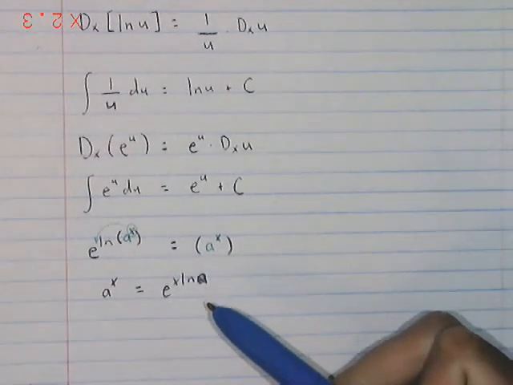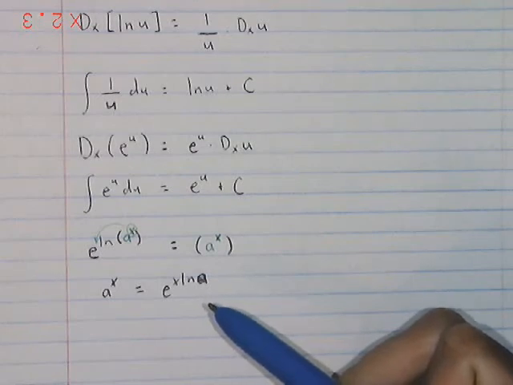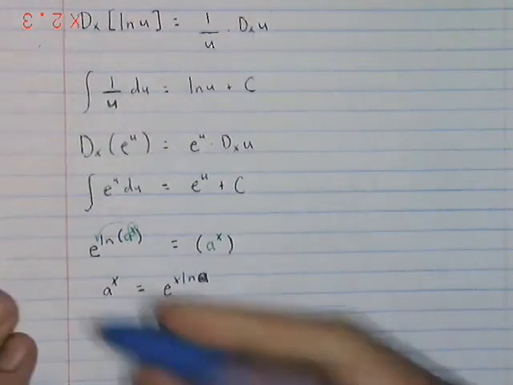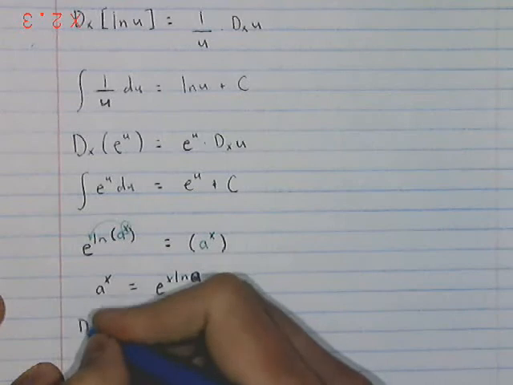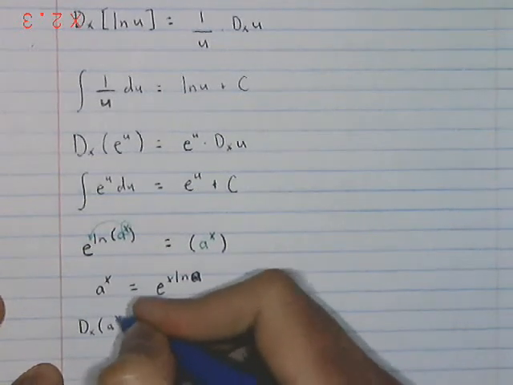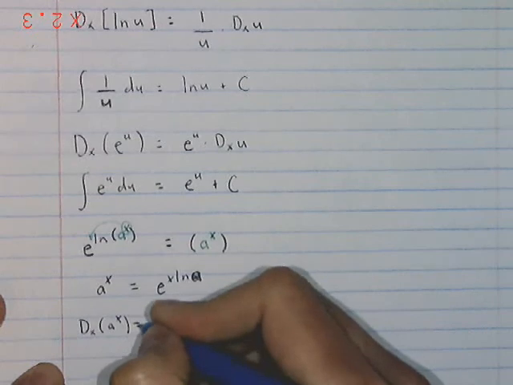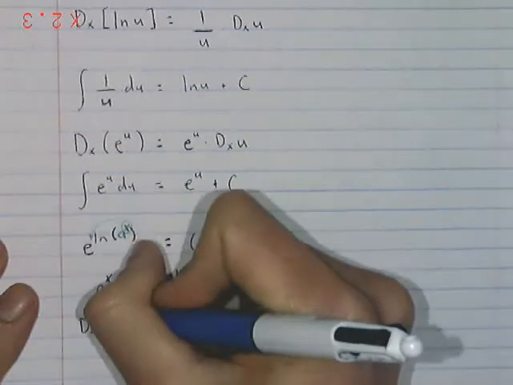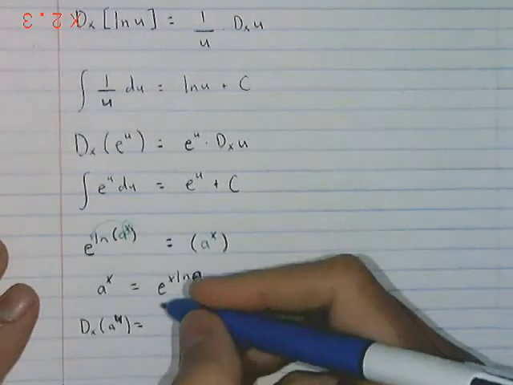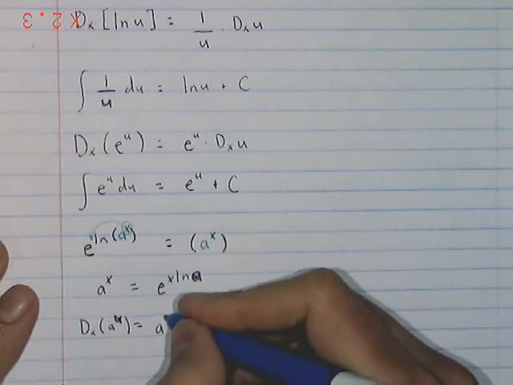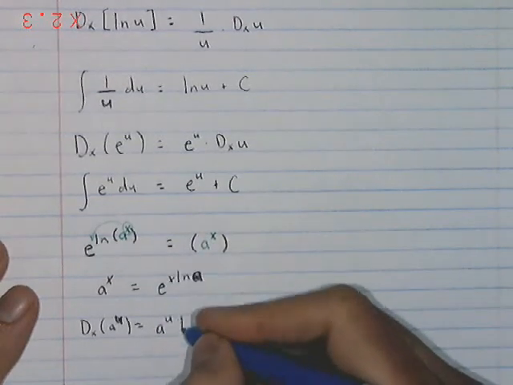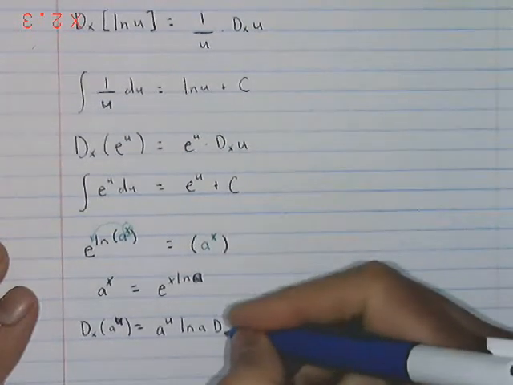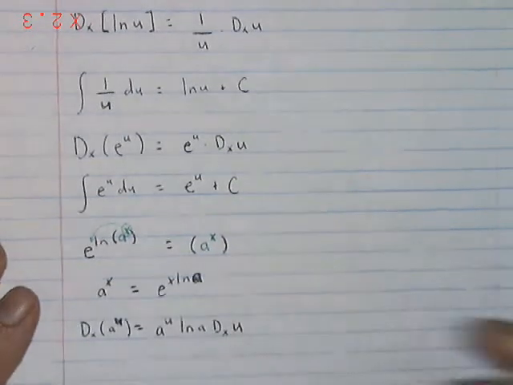By differentiating the right side, we got the derivative of the exponential function of any base, namely that the derivative of a to the x with respect to x will be equal to, I'm sorry, let's make this some function u of x. It's going to be equal to a to the u times ln of a times the derivative with respect to x of u. Okay.